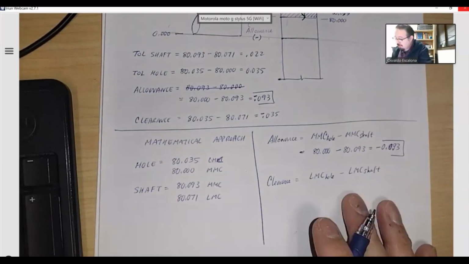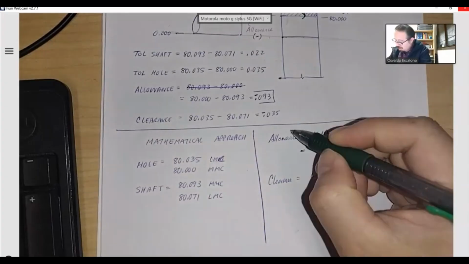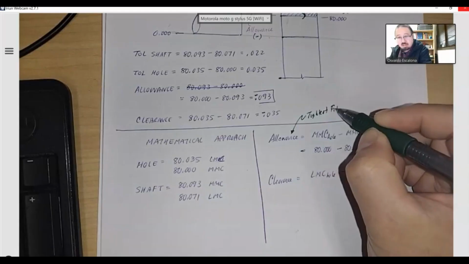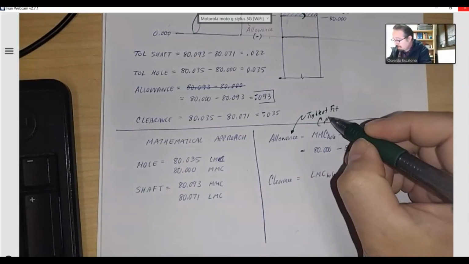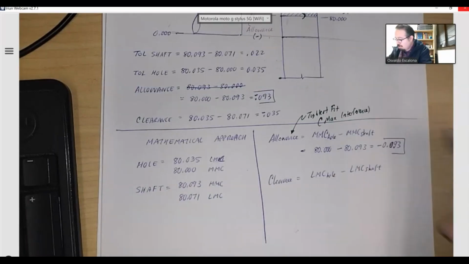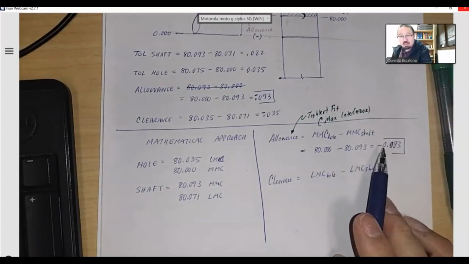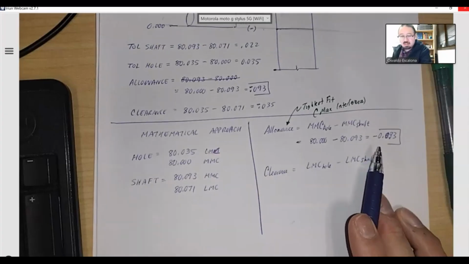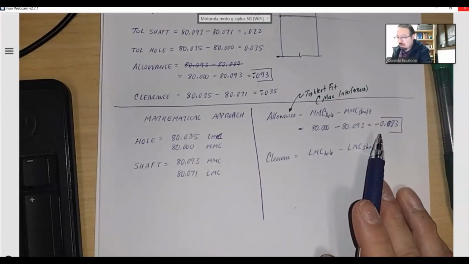The tightest fit. Don't forget, the allowance is the tightest fit. Sometimes you also call it, in this case, the maximum interference. When you have a negative number, remember you're dealing with not allowing anything, which is a negative interference, negative allowance.